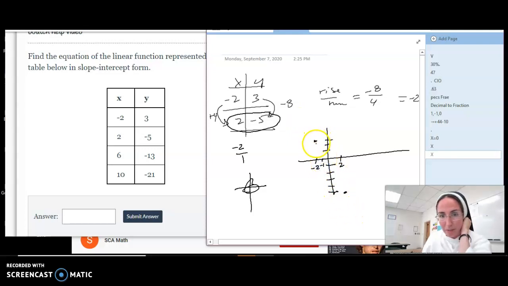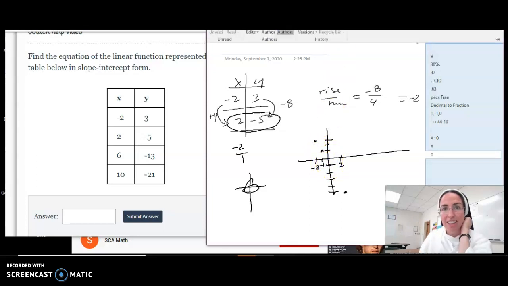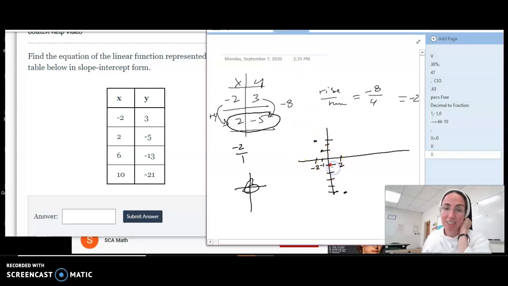So at -1, I'm going to move down 2 over 1. And I'm at -1, 1. At 0, I move down 2 over 1. So right here is going to be my y-intercept, here at -1. So my equation will be y equals my slope, -2 times x, minus 1.